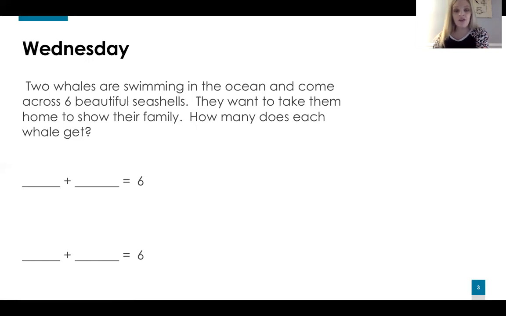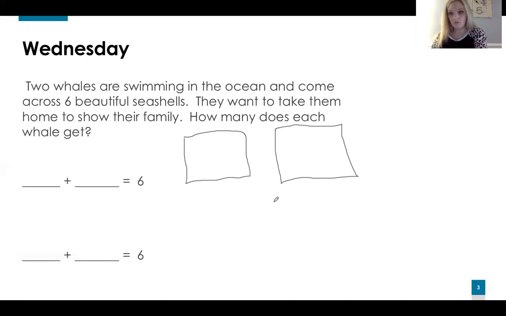Okay, so I know that I have 2 whales and there are 6 beautiful seashells. Okay, how I can solve this, I could draw 2 squares to represent each whale. And then I've got 6 seashells. So how many could each whale get?